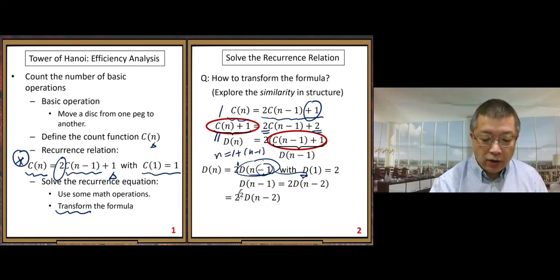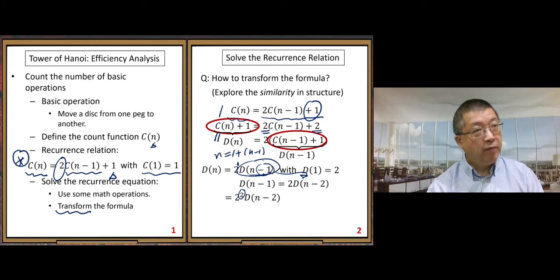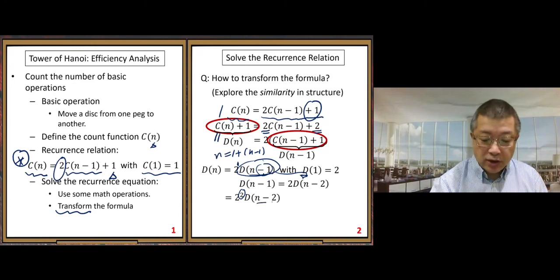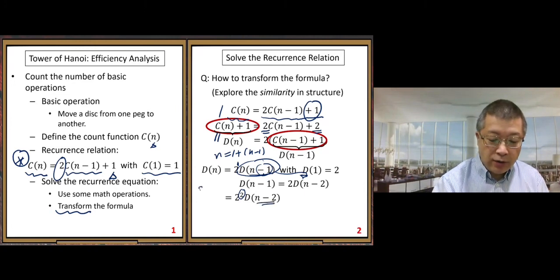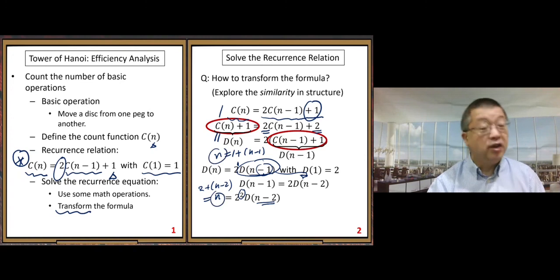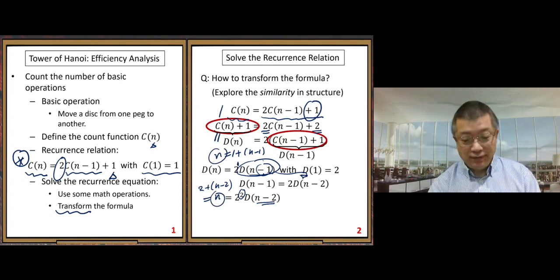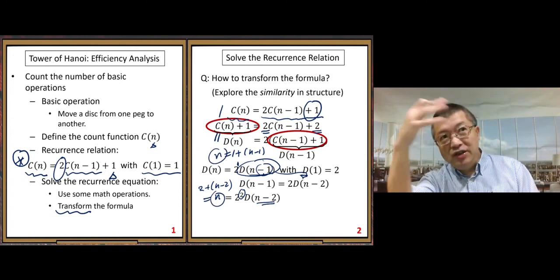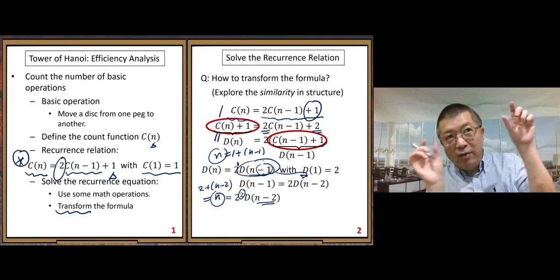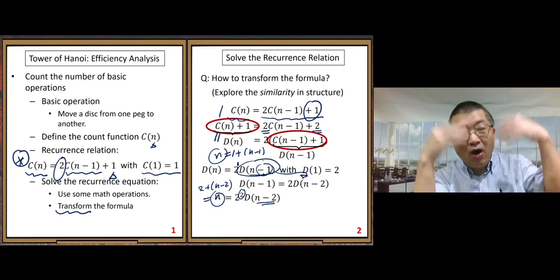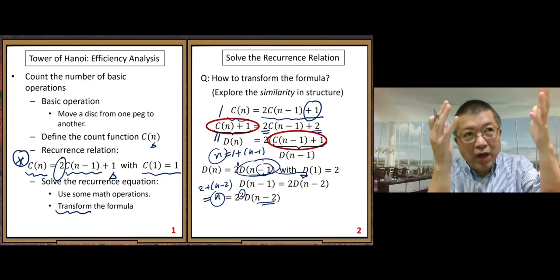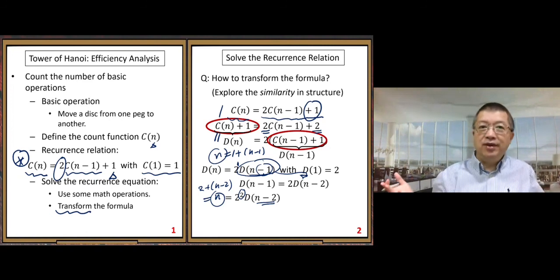Look at here: the exponent of the power of 2 is 2, plus the size n minus 2, also n. Is this number n invariant? When you do the change, you add those two numbers, and they are always n. That's the invariant.